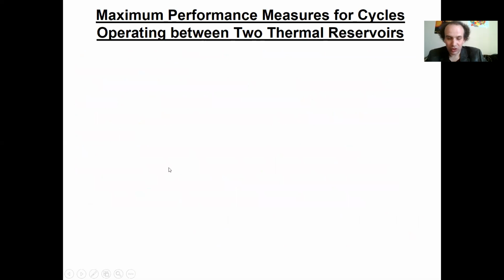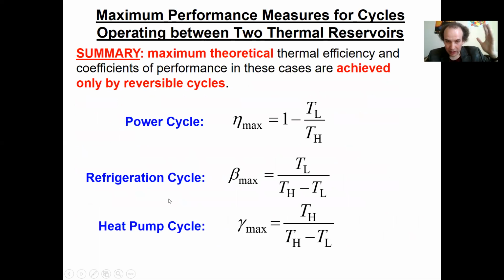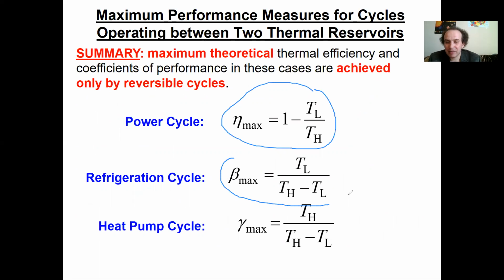Correct? And do you understand that the formulas will be very symmetric? If this is the maximal efficiency for my heat engine, then this will be the maximal efficiency for my refrigeration cycle, and this will be the maximal efficiency for a heat pump.